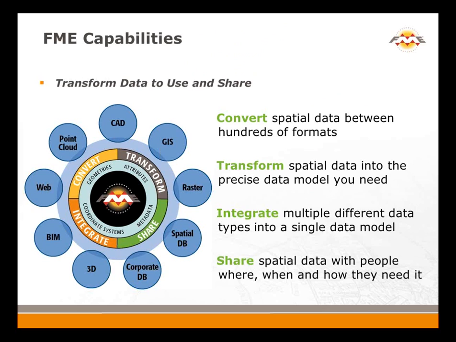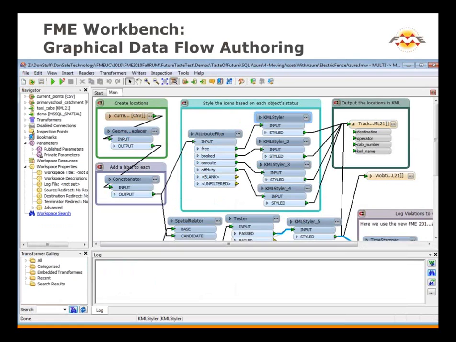FME workflows are authored in FME Workbench. This is our graphical tool for authoring workspaces, and most of what the panelists are going to be showing today will be based around FME Workbench. So you'll see in FME Workbench here, we author transformations. On the left-hand side, generally, those little brown boxes represent layers of data that we're reading.